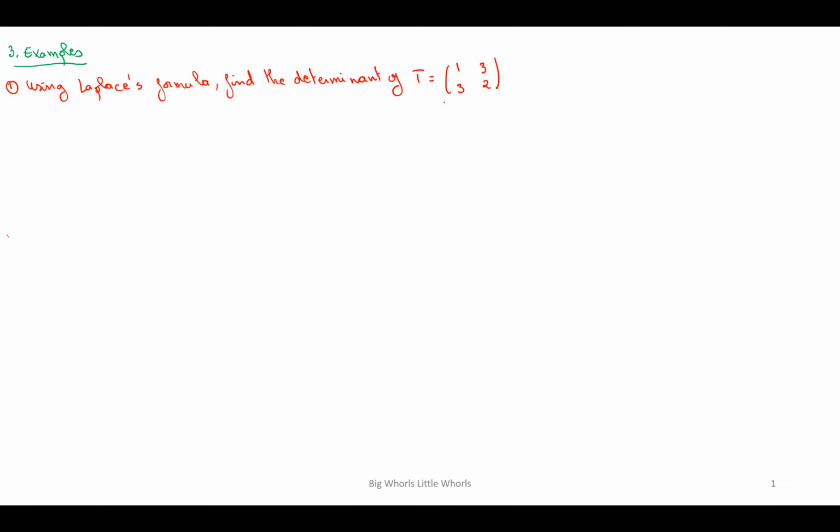So earlier in this chapter, we have used Gauss's method to find the determinant of this matrix, and we found that the determinant of T was equal to -7 using Gauss's method.